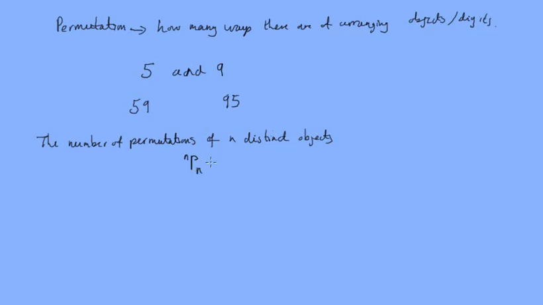And the number of permutations is just n factorial, for n greater than 0. So in our example up here, n equals 2, so the permutation of 2 is going to be 2 factorial, which is 2.